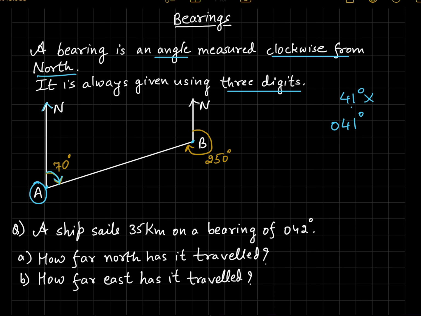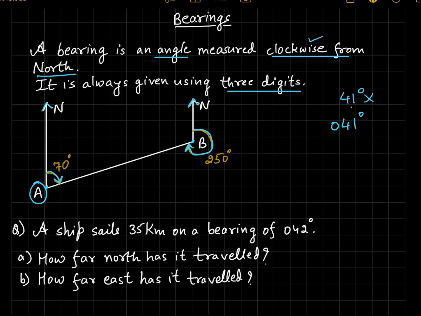Now if you have to go back from B to A, at which bearing will the ship sail? That will be counted from north to this, always measured clockwise from north. We have to remember this. Since both are north, we will plot north here also.